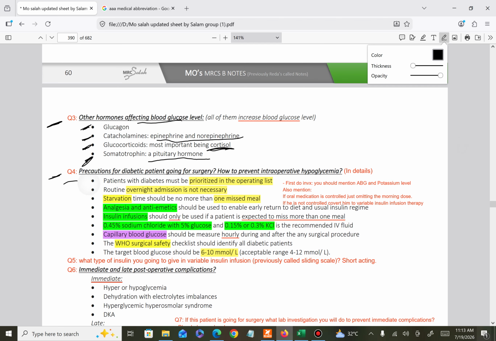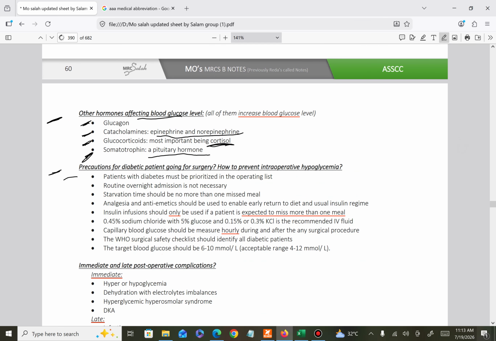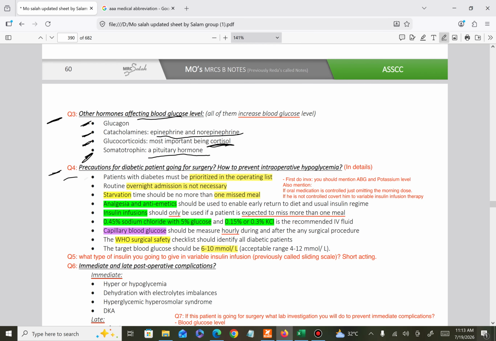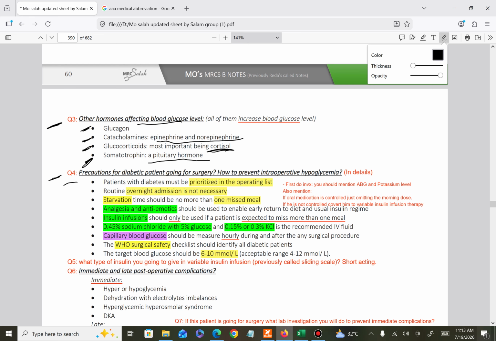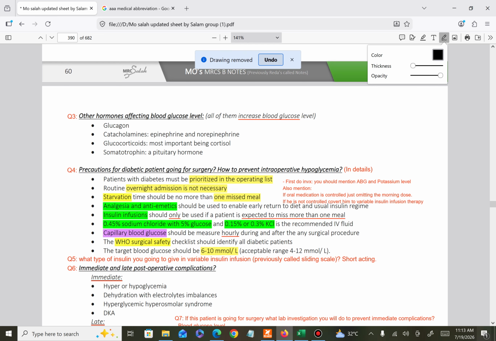Then patient with diabetes must be prioritized in the operating list. Then the second precaution, routine overnight admission is not necessary.